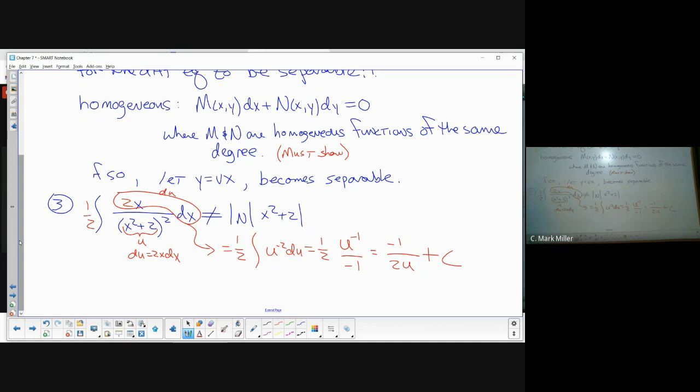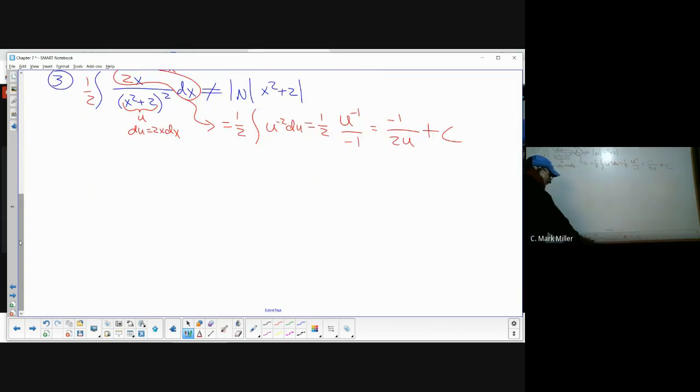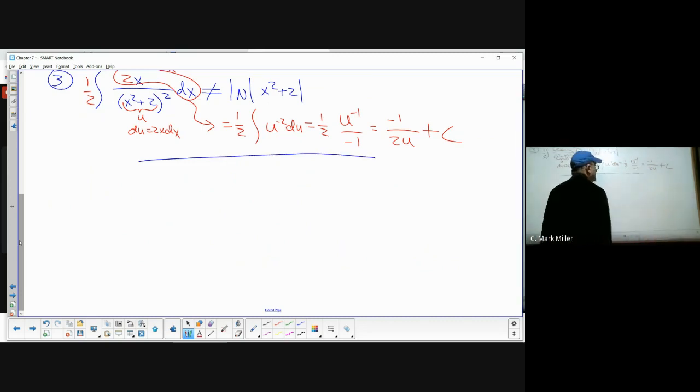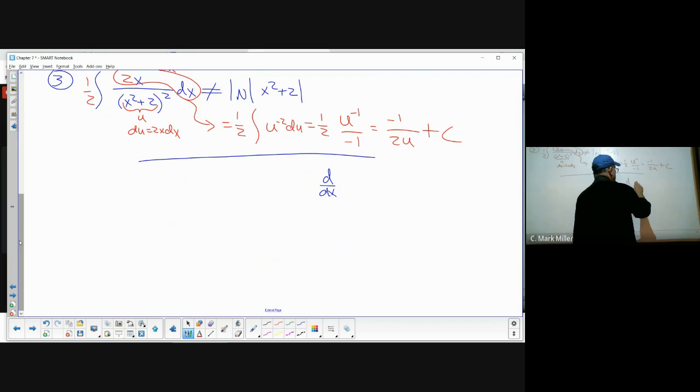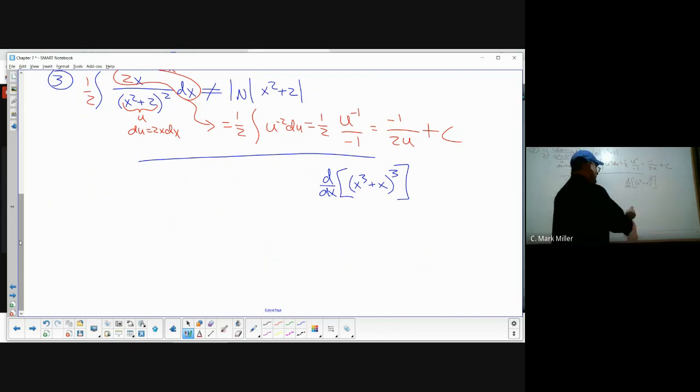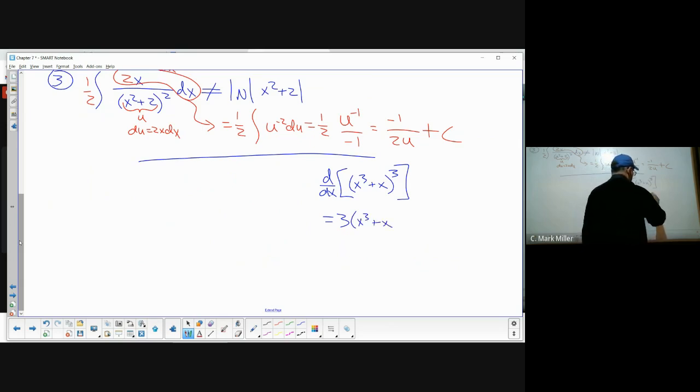Just the same way when you do a derivative like d/dx, what's that going to be? That's going to be, you bring the 3 down. You take this to 1 less power. And then the derivative of this goes on the outside.